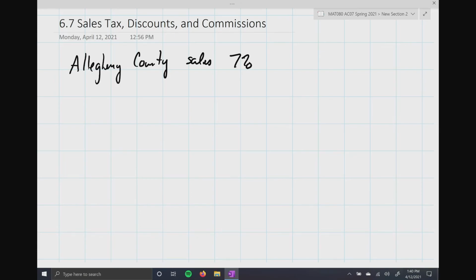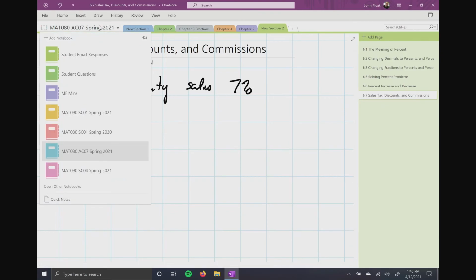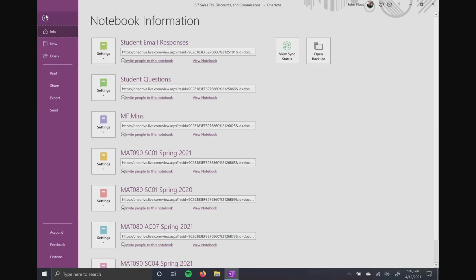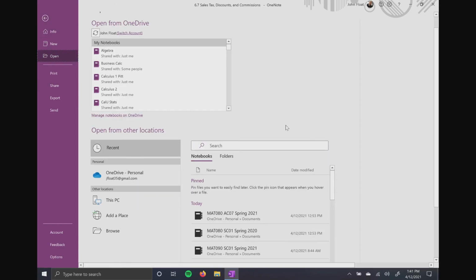Okay? So in Allegheny County, sales tax is 7%. Now, let's see here. Do I have it? It's been a long time. It would have been, I think, my hybrid course. So let me open up a notebook here. So would be MAT080, spring, fall.